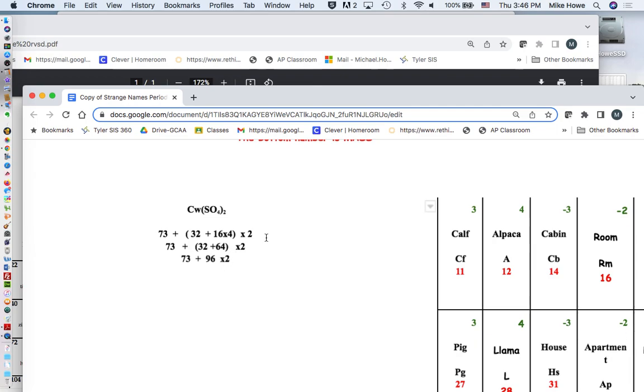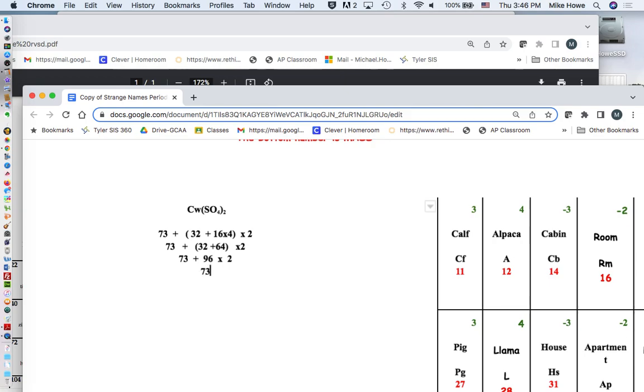Now remember, in math class you learned that order of operation states that multiplication gets done before addition and subtraction. So we have 96 times 2, which is 100 times 2 is 200, and 96 is 4 less than 100, so take away 4 twice, so 200 minus 8 is 192.